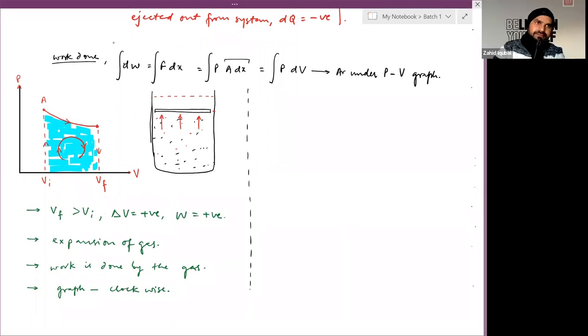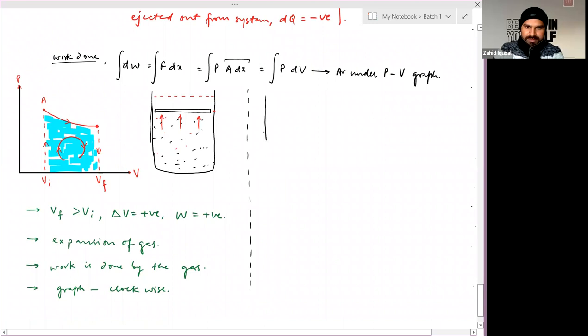Similarly, just opposite of it, let's say this is any vessel. The piston is initially at this point, enclosing any ideal gas.